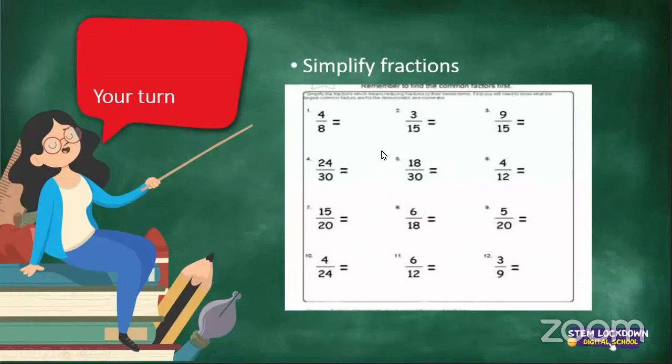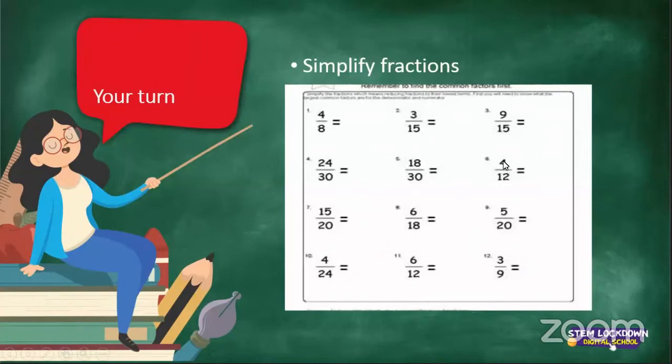So we have 18 over 30. We'll also use 6. 6 goes into 18 how many times? 3 times. And 6 goes into 30 how many times? 5 times. So for number 5 we'll have 3 over 5.